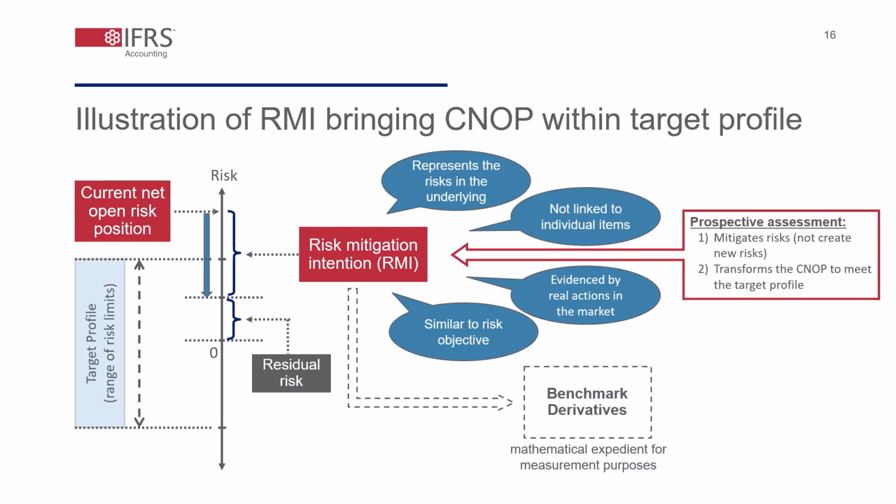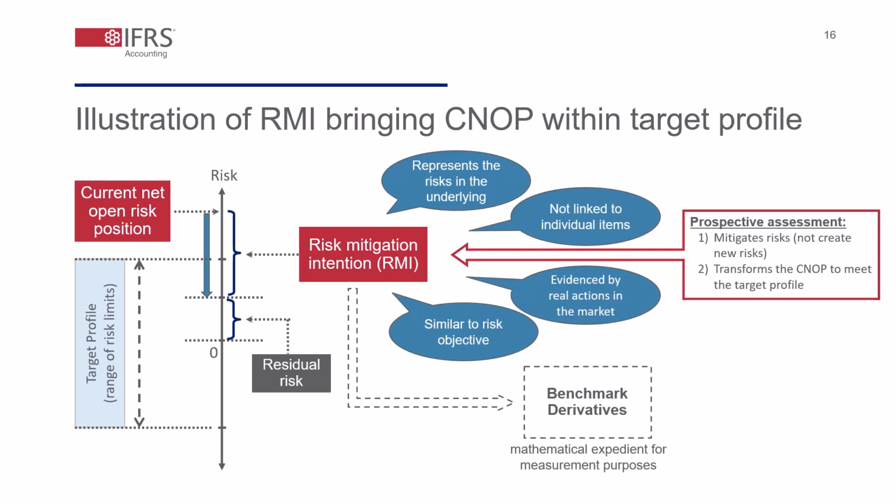In other words, the valuation change in the benchmark derivatives needs to reflect the valuation impact directly caused by the interest rate risk the entity intends to mitigate, i.e., the risk mitigation intention. As a result, the benchmark derivative cannot impute the terms of the designated derivatives, but instead it shall reflect the features inherent in the risk mitigation intention.